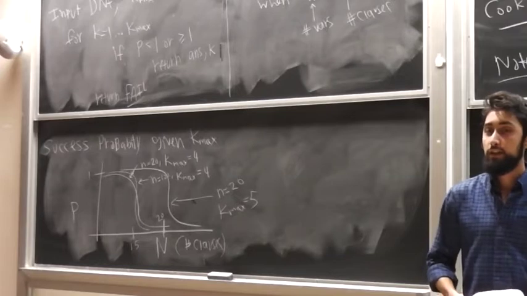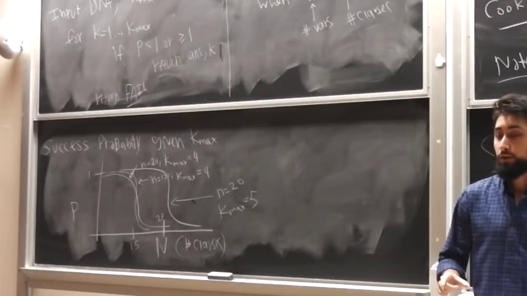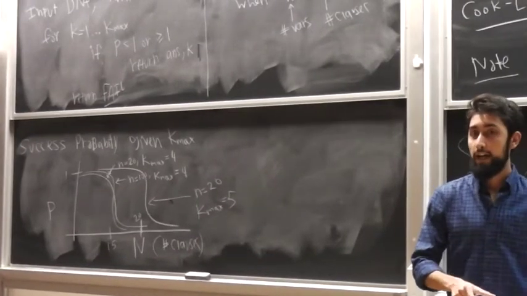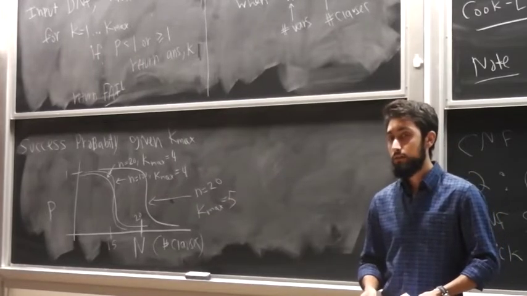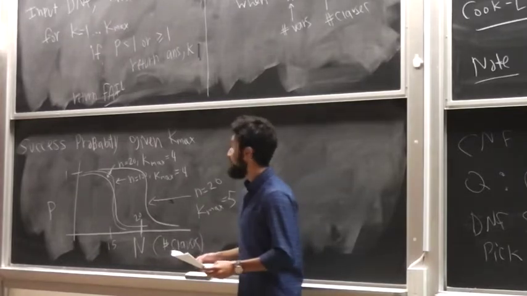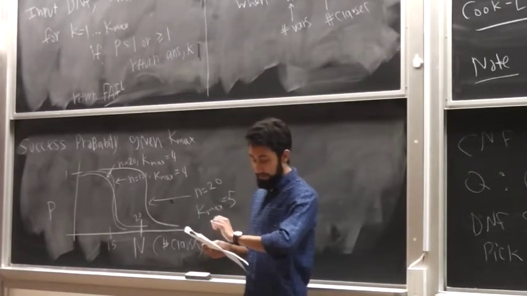Does that make sense? So we're counting that if it gives you a conclusive yes or a conclusive no, either of those is a success. Any more questions about this? Okay, enough of that.